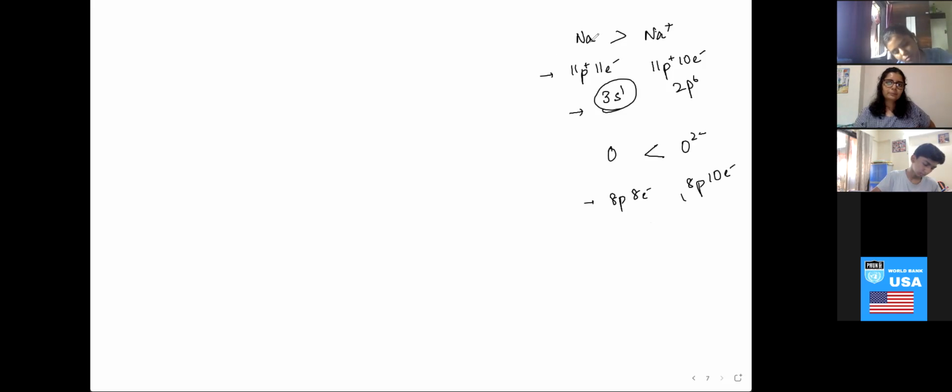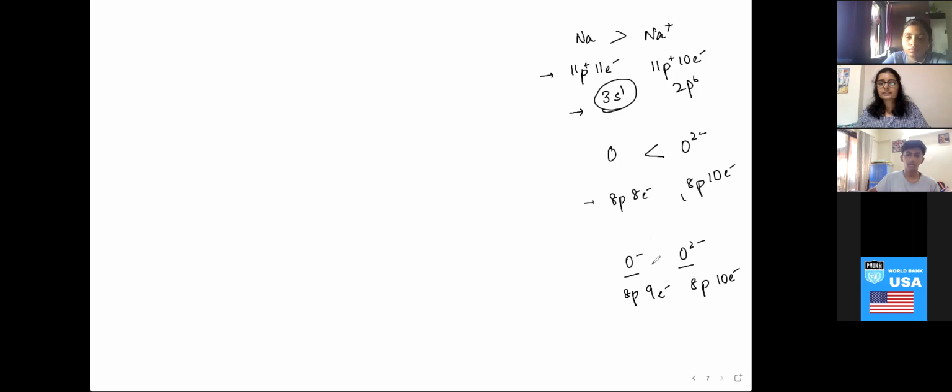Also, if you were to compare O minus versus O2 minus, which one will be bigger? See, apply the same logic. One has 8 protons, 9 electrons; the other has 8 protons, 10 electrons.